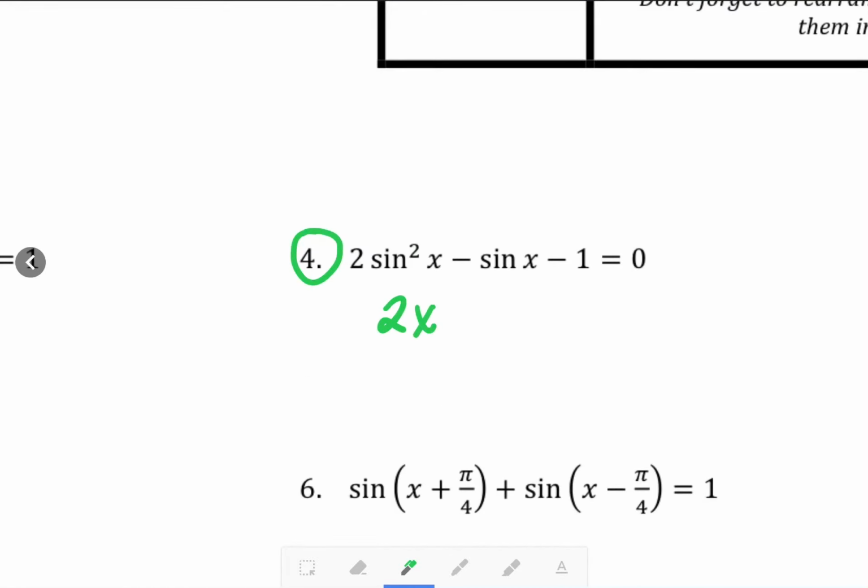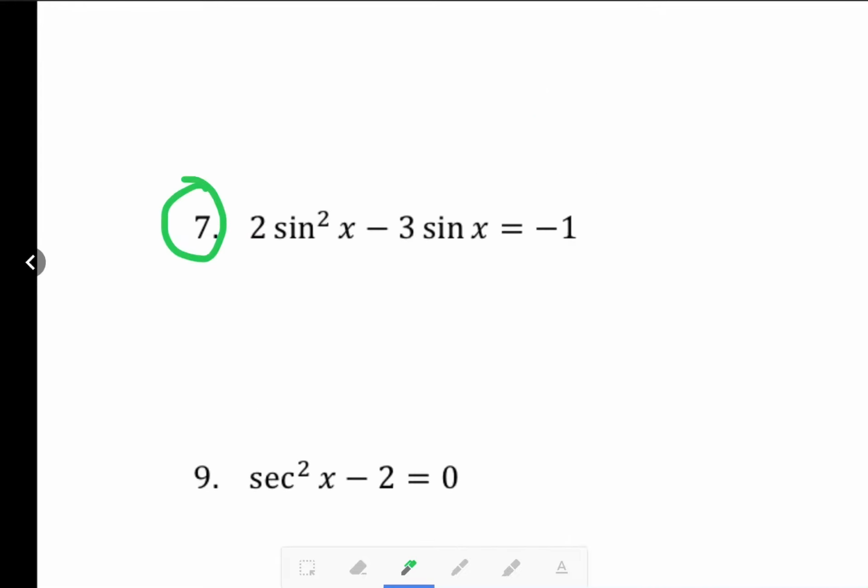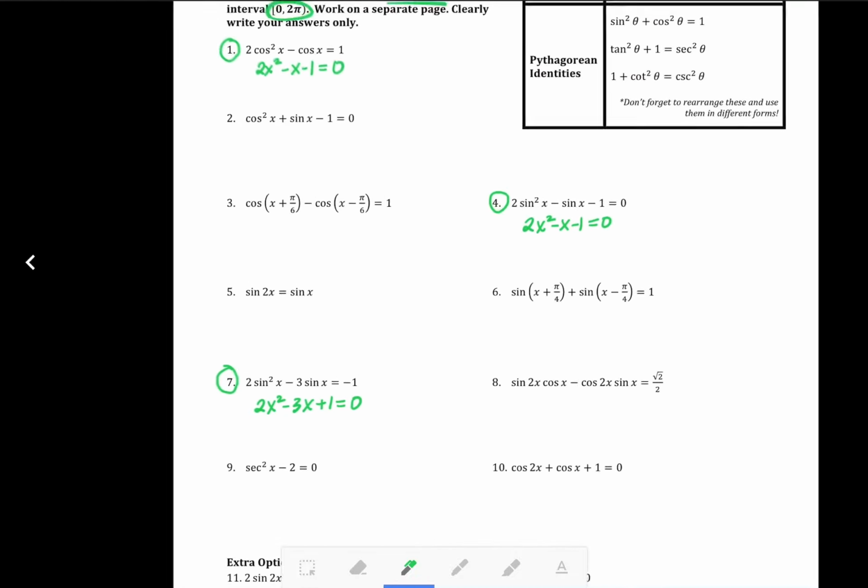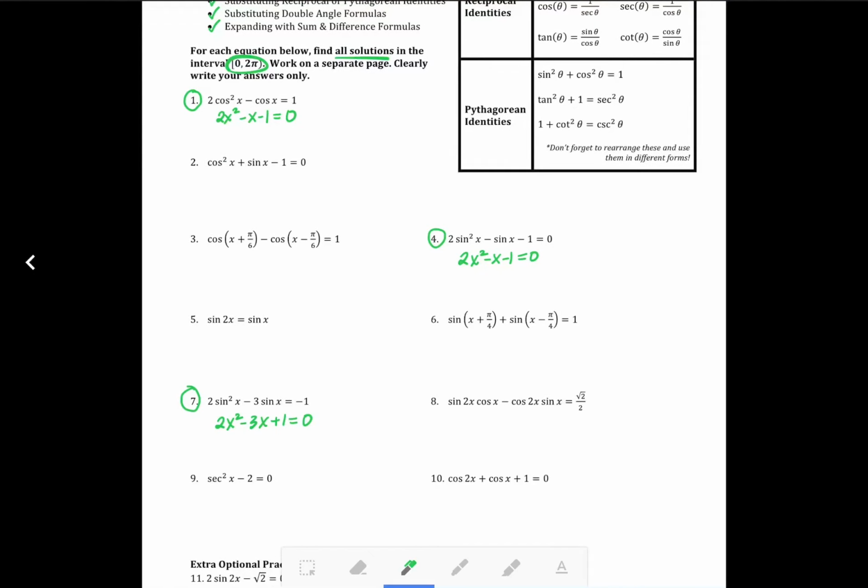If I replace this one with just x also, 2x squared minus x minus 1 equals 0, hey, that's also factorable. And what about this one? 2x squared minus 3x plus 1, that is factorable. All of these are factorable, so I want you to factor them.